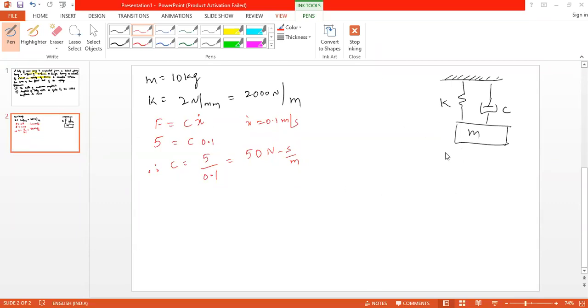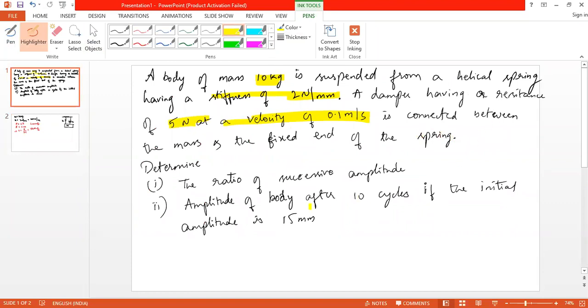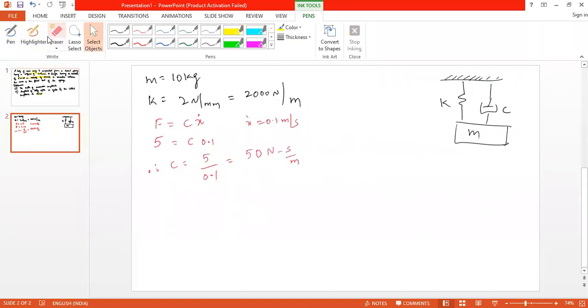Now, you need to find out the ratio of successive amplitude and you need to find the amplitude of the body after 10 cycles if the initial displacement is 15 mm. The meaning is that this mass is displaced by 15 mm and released, so that the mass starts to vibrate.